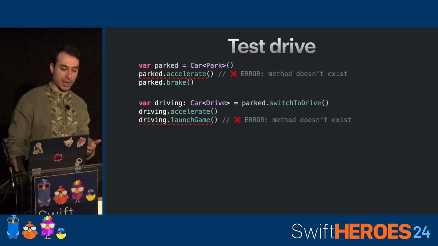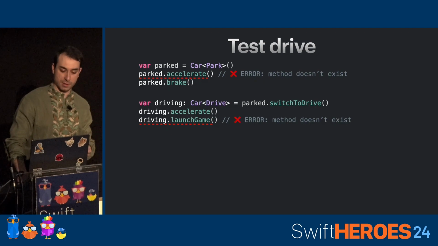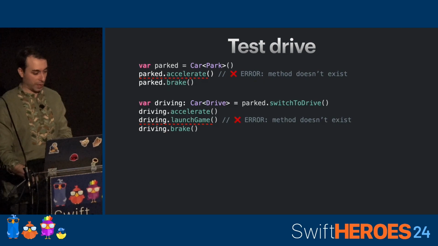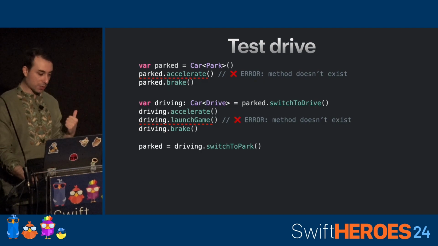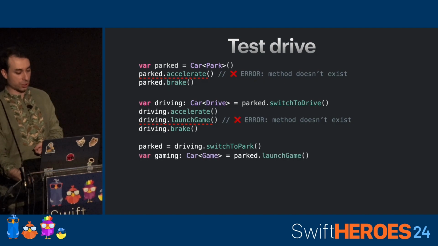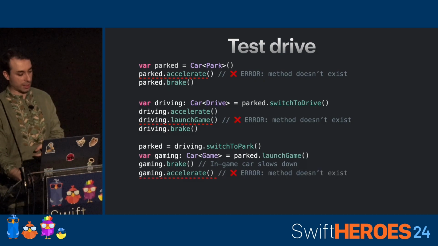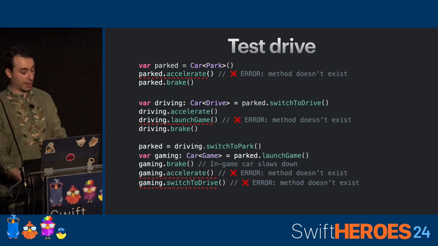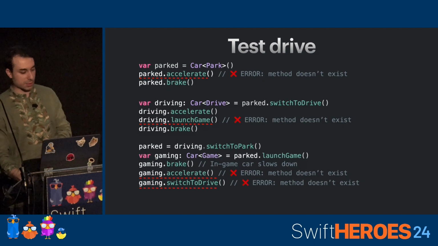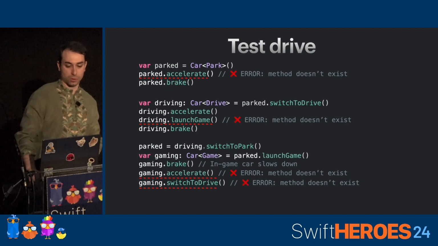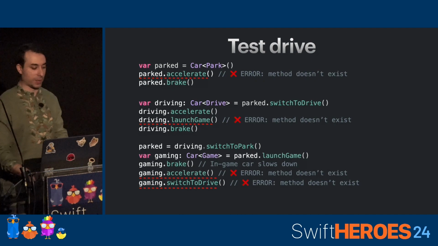I try to launch the game while driving. Again, method doesn't exist. Cool, I can brake, I can switch back to park. Okay, now I can switch to game. In-game I can brake for the in-game car to play, but I can't accelerate, again, while gaming, impossible. And I can't switch to drive accidentally as well. So this is mega cool because we get all these compilation errors.